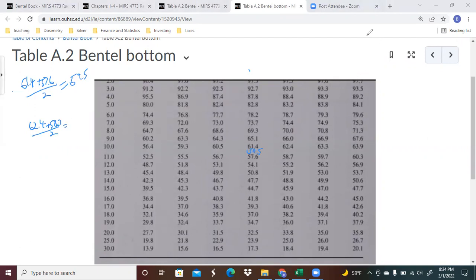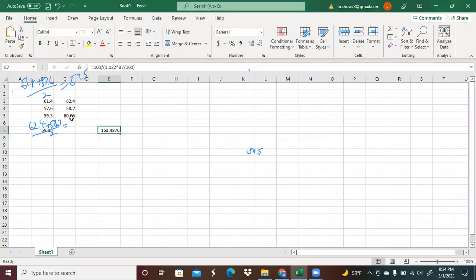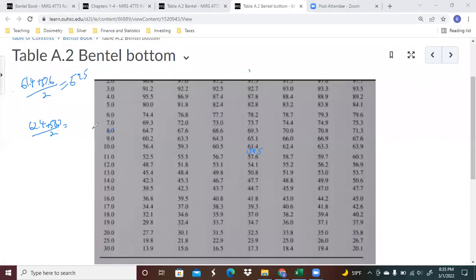I've already done the math in Excel, and it ends up being 60.55. So I'll put that here: 60.55.